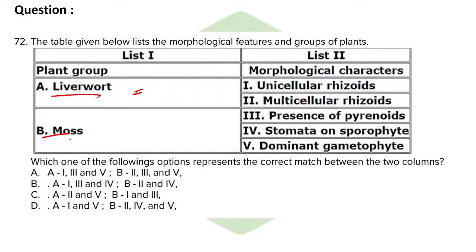The features are unicellular rhizoids, multicellular rhizoids, presence of pyrenoids, stomata on the sporophyte, and the dominant gametophyte. Which of the following options represents the correct matches between the two columns? Give it a try to the question, everyone.